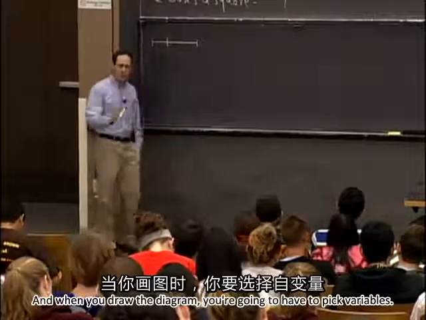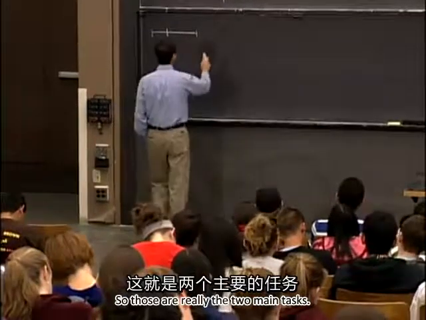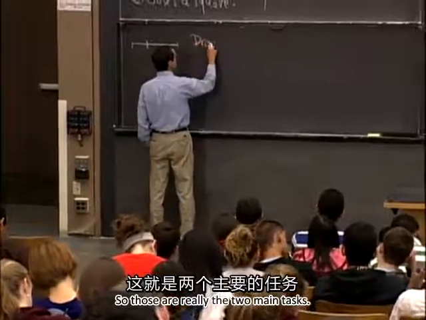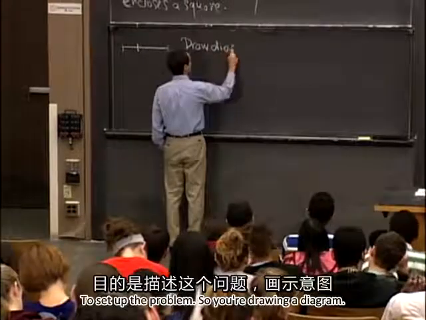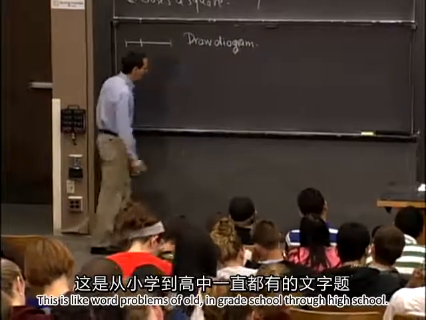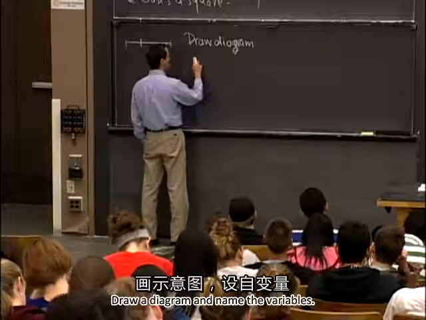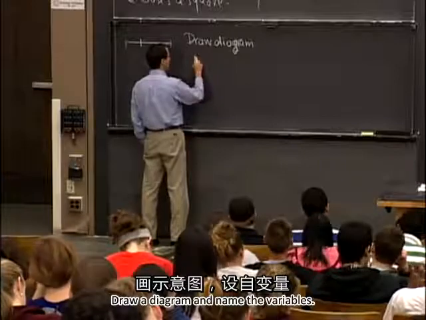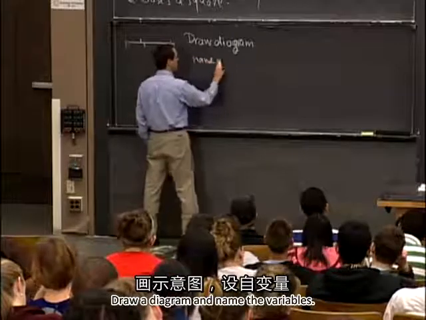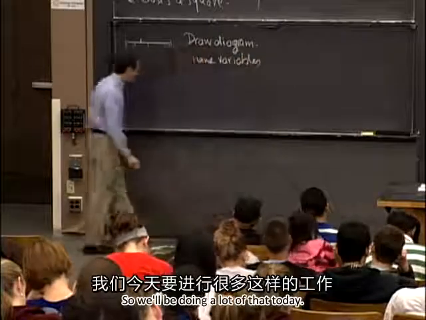And when you draw the diagram, you're going to have to pick variables. So those are really the two main tasks to set up the problem. So you're drawing a diagram. This is like word problems of old in grade school through high school. Draw a diagram and name the variables. So we'll be doing a lot of that today.